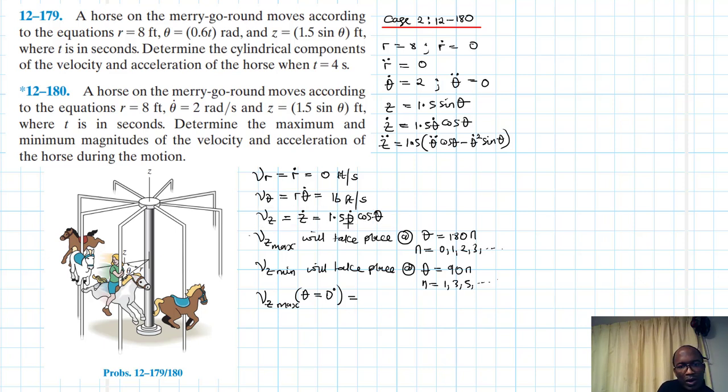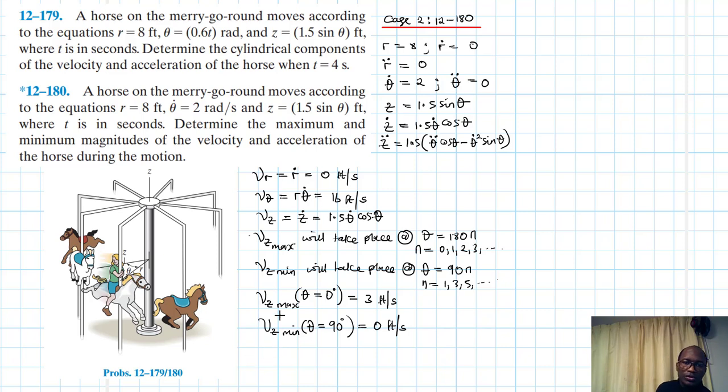What do you get? 1.5 by theta dot is 2, so this becomes 3 feet per second. And Vz minimum at theta equal to just the first value, 90 degrees, cos 90 is 0, so we have 0 feet per second.